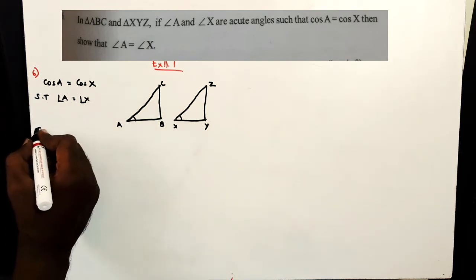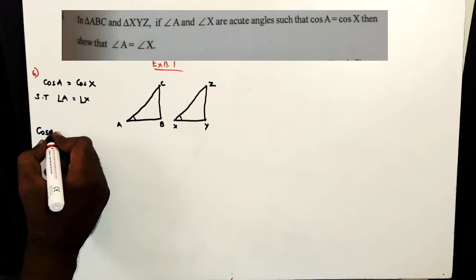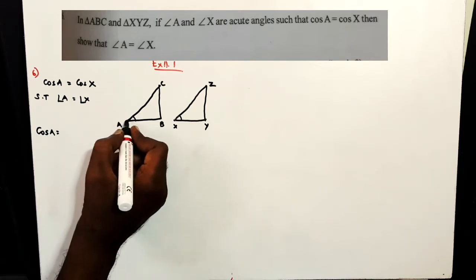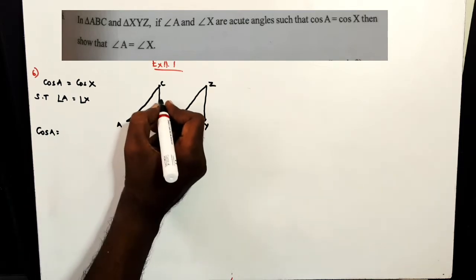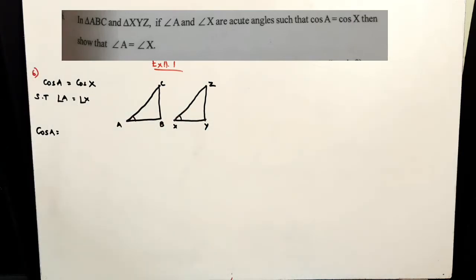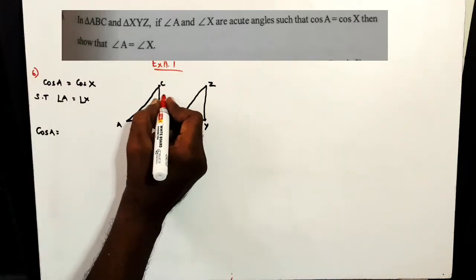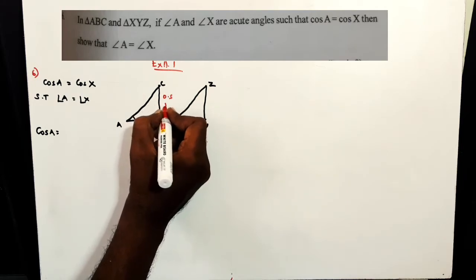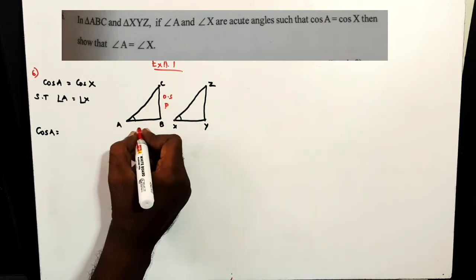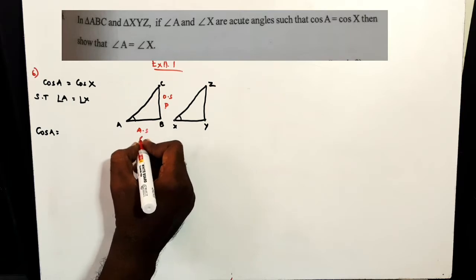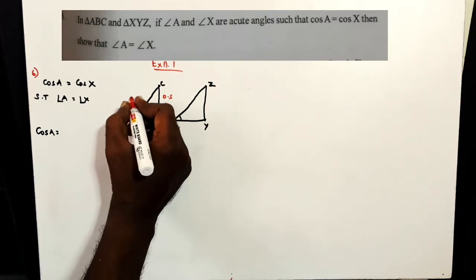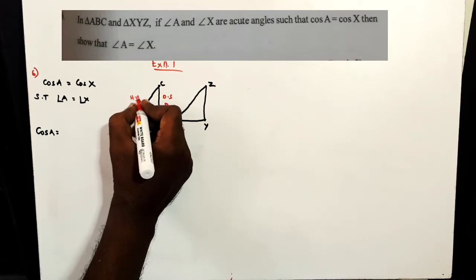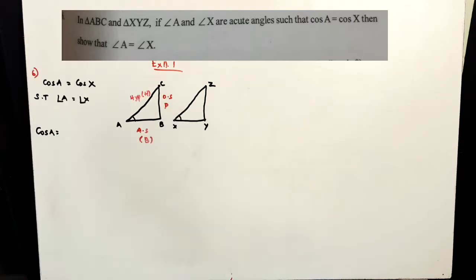Okay. Now let us move to the problem. Cos A means regarding this angle. So this is going to be the opposite side. Opposite side means perpendicular. This is the adjacent side, B, and this is going to become the hypotenuse H. Okay.